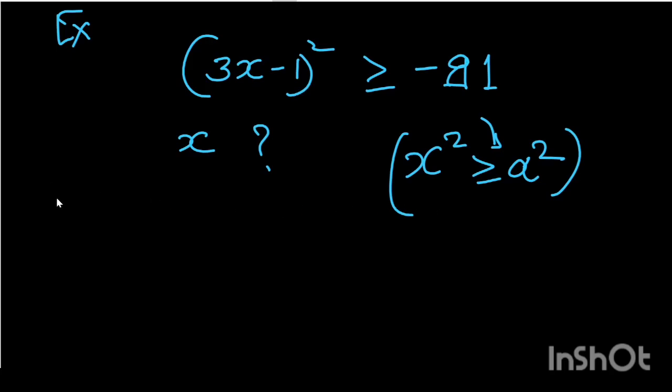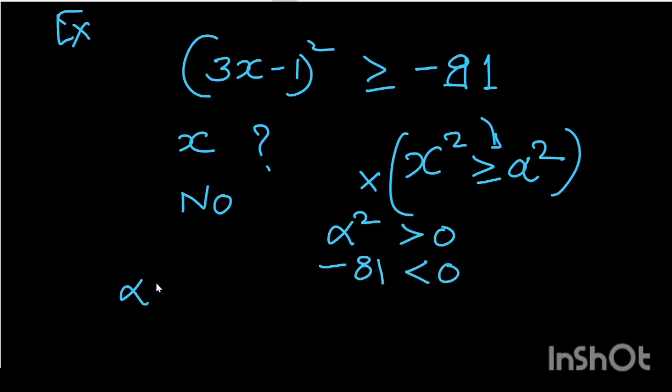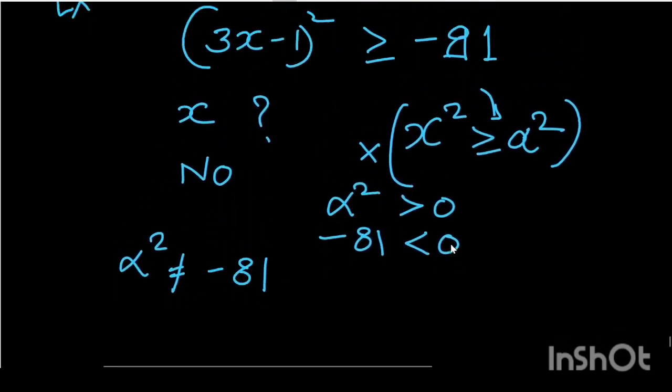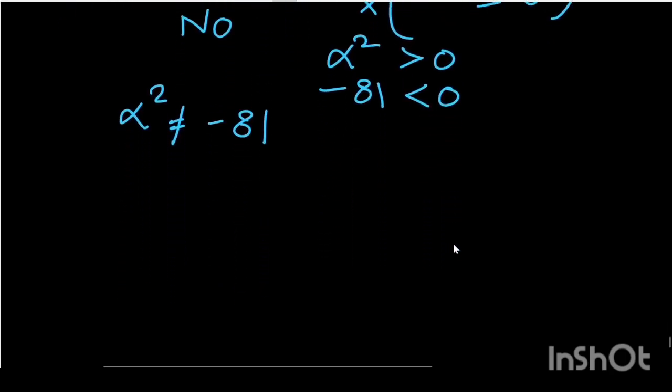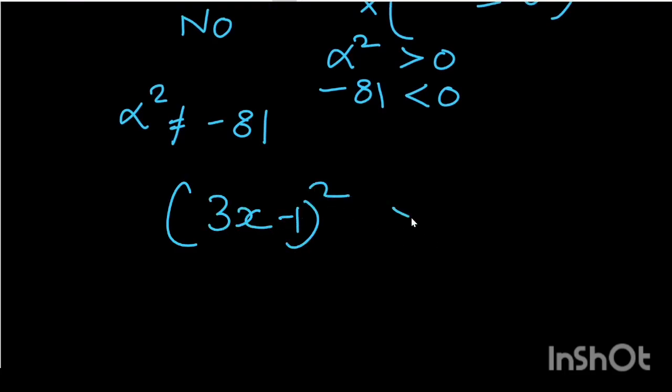So yes, guys, the answer is no, we cannot use this. Why? Because alpha square is a positive quantity, but minus 81 is a negative quantity, so for this we cannot use the formula. In that case, what will we use? We will use general reasoning here. See, (3x minus 1) whole square greater than or equal to minus 81.